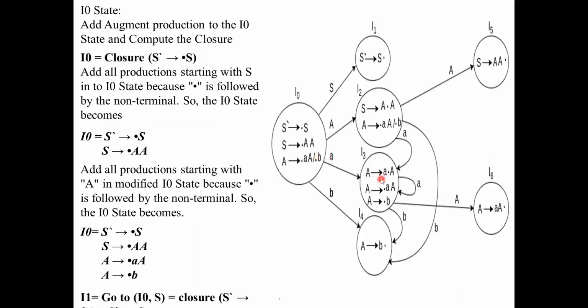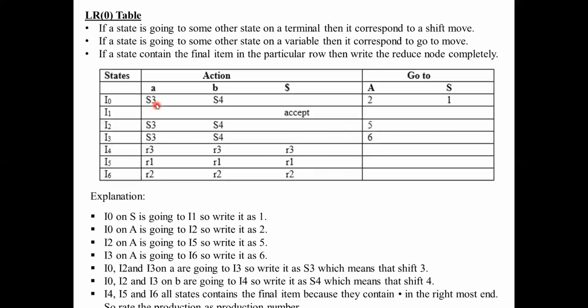So when a terminal occurs, we write down the state with the help of the symbol S, S3, shift 3. That is the meaning of shift 3. So when in the I0 state a occurs, we shift to the next state, that is called S3, shift to the third state. The meaning is clear.